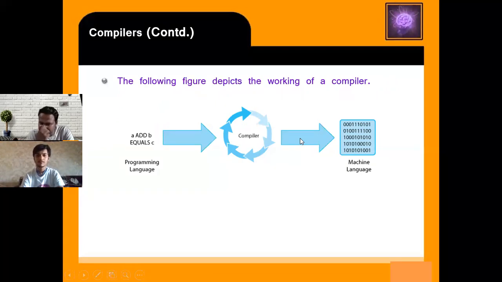When we are using a compiler, it is converted into this format: 000, 111, 0101, then 0100, and so on. It is machine language. So these are the words we are using, and it is converted into this machine language. Clear? Yes, sir.